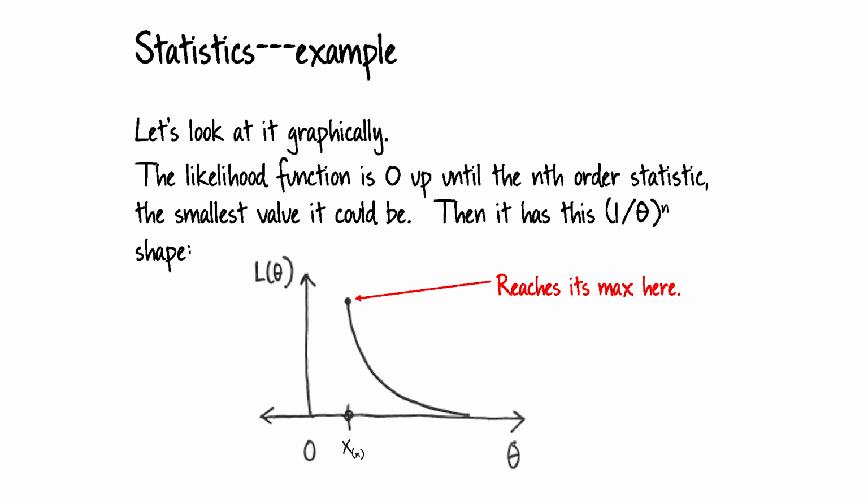Then it jumps up to 1 over theta to the n, and then it declines as theta gets larger. So this is maximized at the nth order statistic. Questions? Does this make sense?